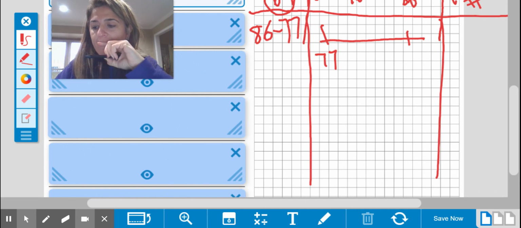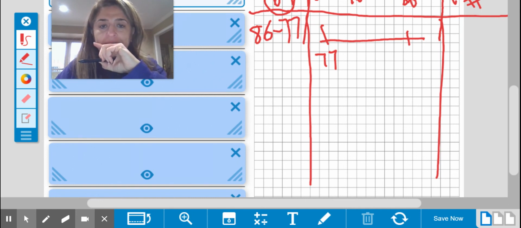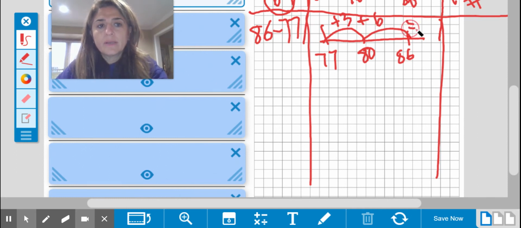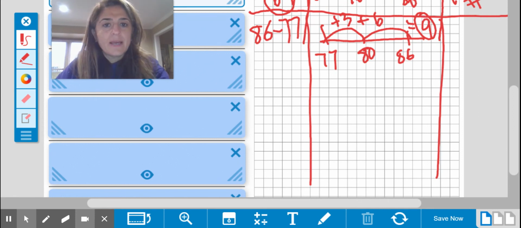So let's see. If I go to 3, that gives me 80. And then 6 more is 86. What is 6 plus 3? That is 9. So the difference is 9, going from 77 to 86.